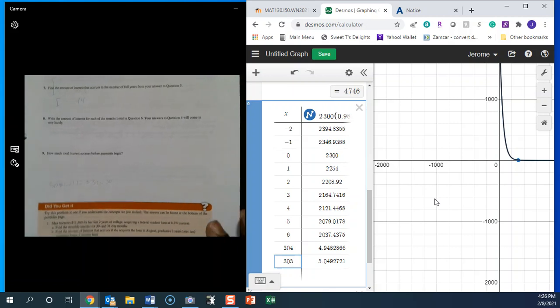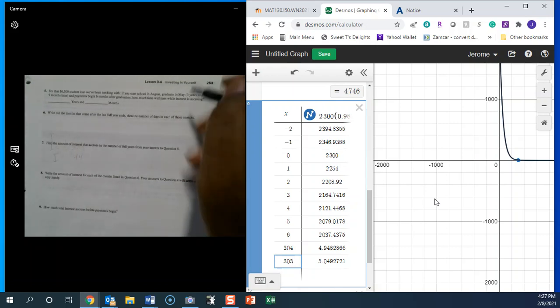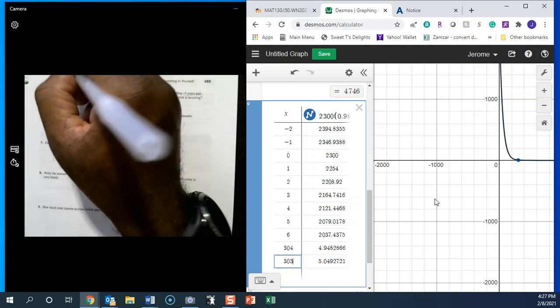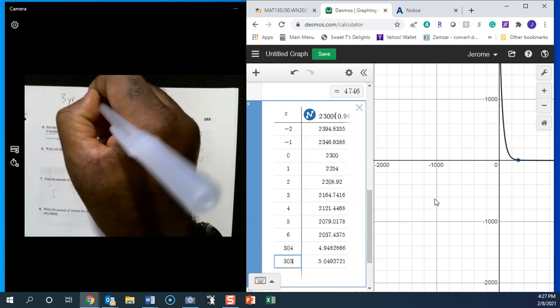It says here, for that $6,500 student loan we've been working with, if you start school in August, graduate in May, 3 years and 9 months later, and payments begin 6 months after graduation, how much time will pass while interest is accruing? So here it tells you 3 years, 9 months. I'm going to write this up top.